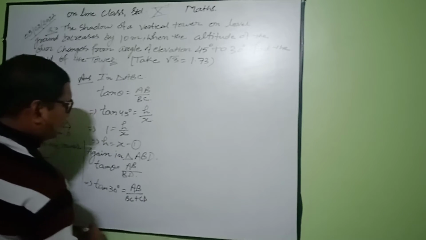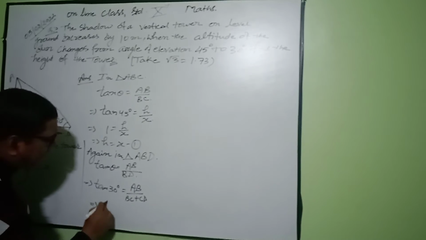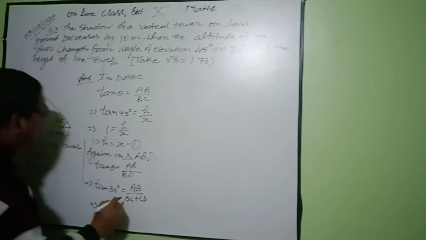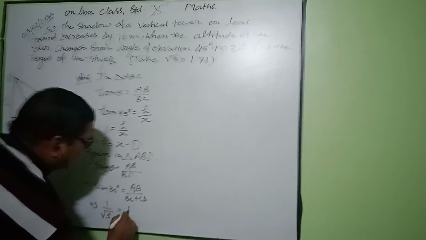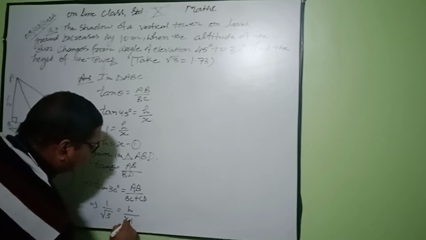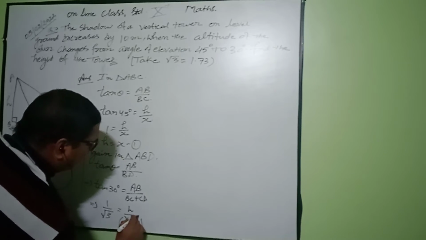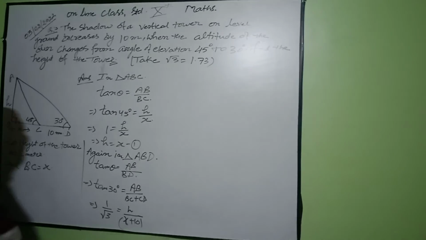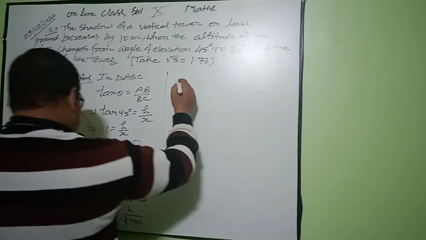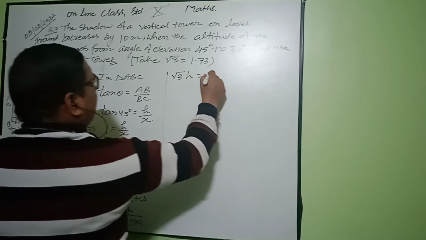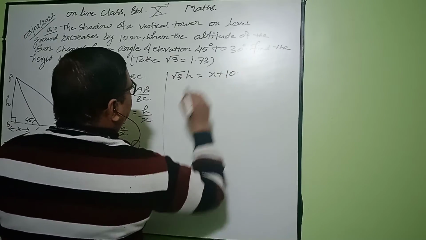Now tan 30, 1 by root 3 equal to h by x plus 10. Now by cross multiplication, root 3 h equal to x plus 10.